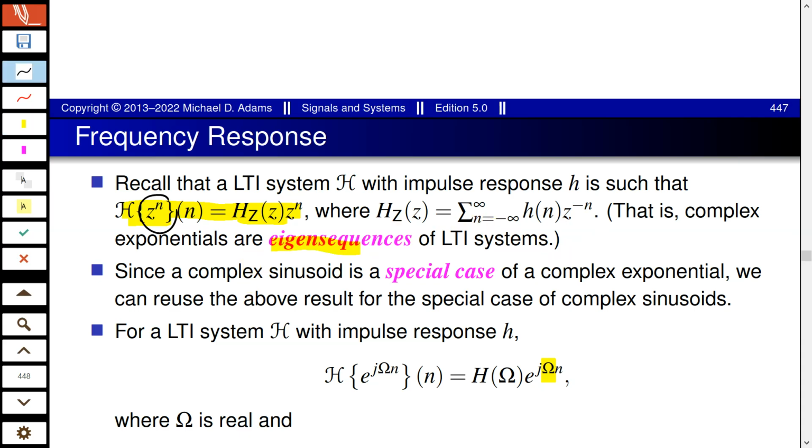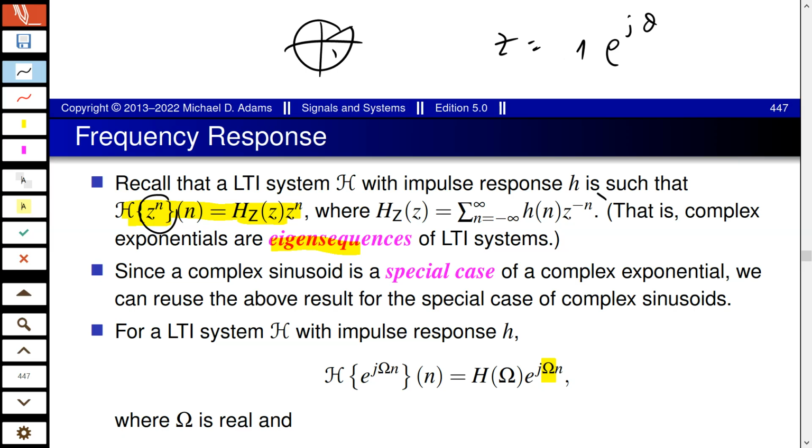Now z will have a magnitude as well as an angle or an argument. So if you limit yourself to a unit absolute value, you remain on the unit circle, right?